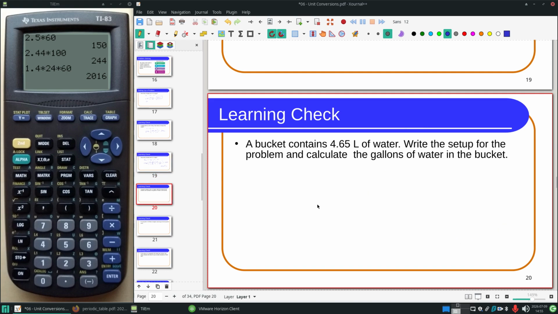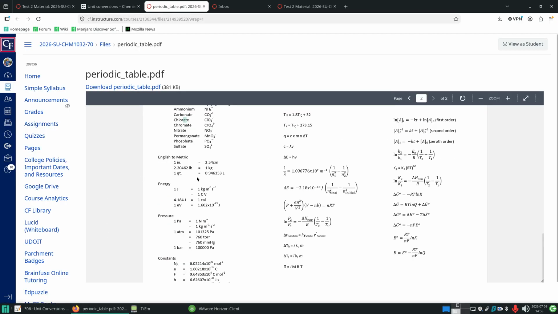All right, let's go a little bit more complex because I didn't give you enough to do this one on here. I didn't give you any units. So I gave you just liters, and I want to know how many gallons that is. All right, so I doubt anybody knows how many liters are in a gallon or vice versa, but I did on the periodic table give you liters to quarts.